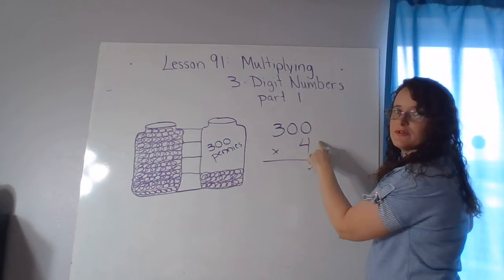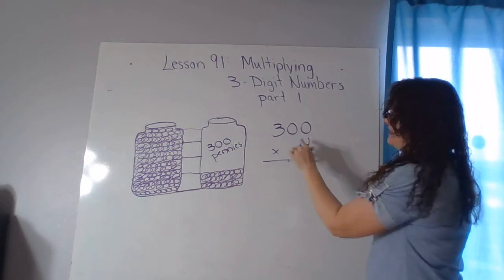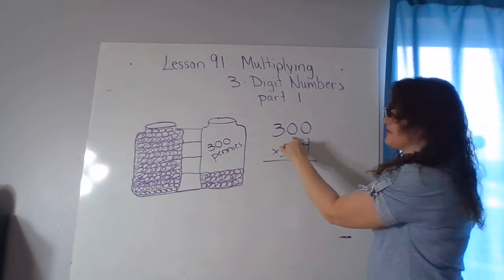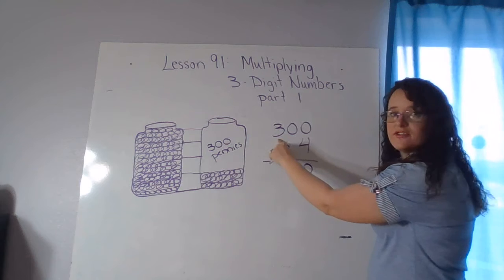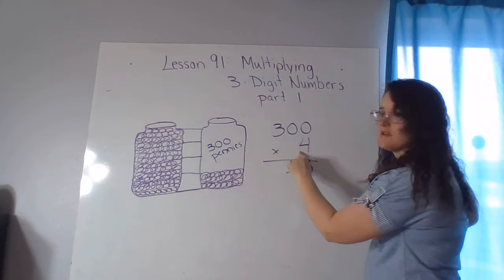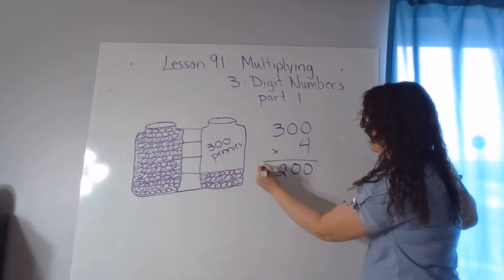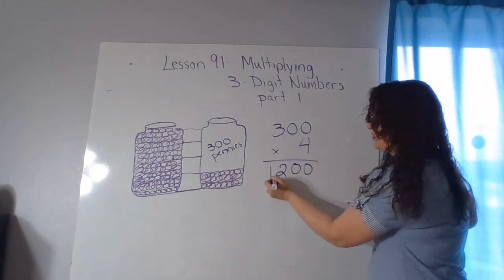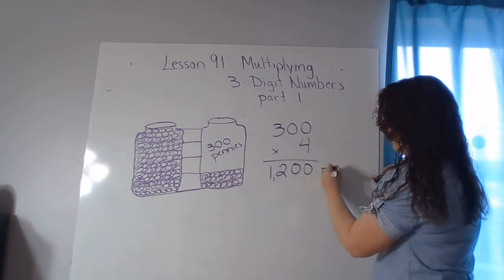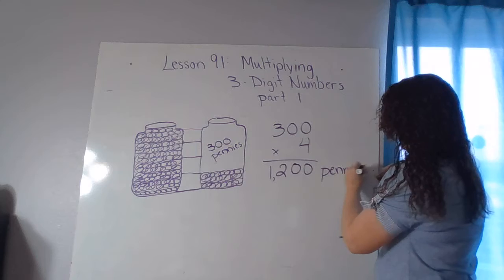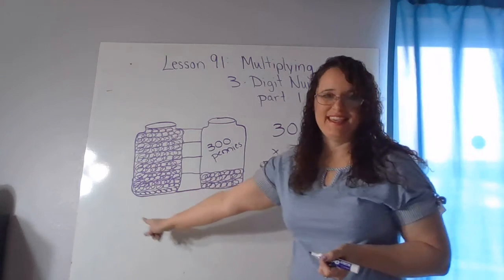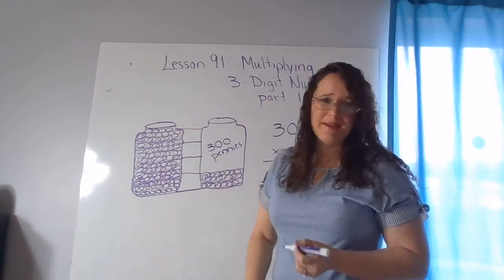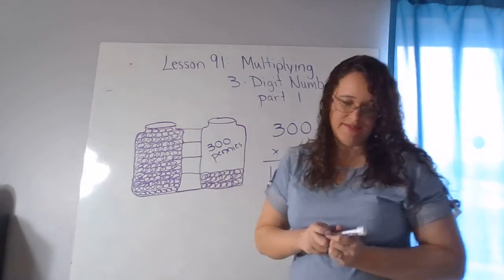So we have to say 0 times 4 is 0. Then again, another 0 here. 0 times 4 is 0. Then we move on to the hundreds place and we say 3 times 4 is 12. So we're going to guess that there are approximately 1,200 pennies in this jar. Boy, I'm glad I didn't have to count all of those.